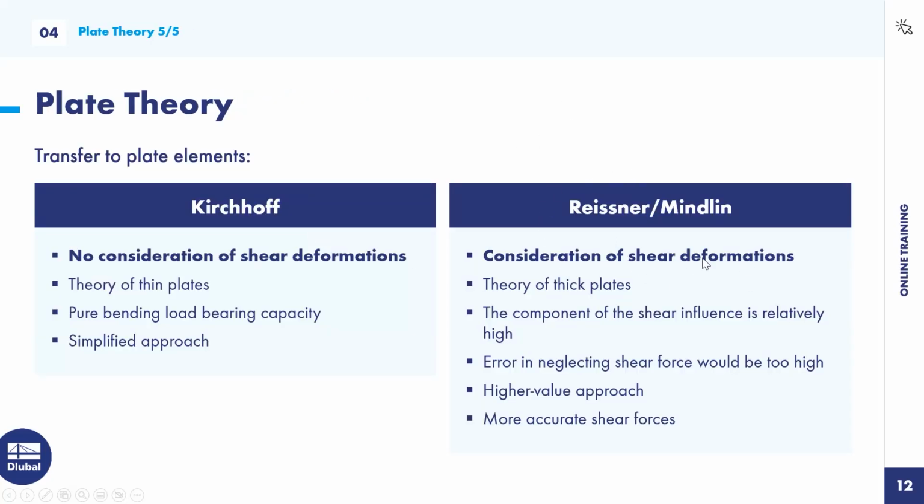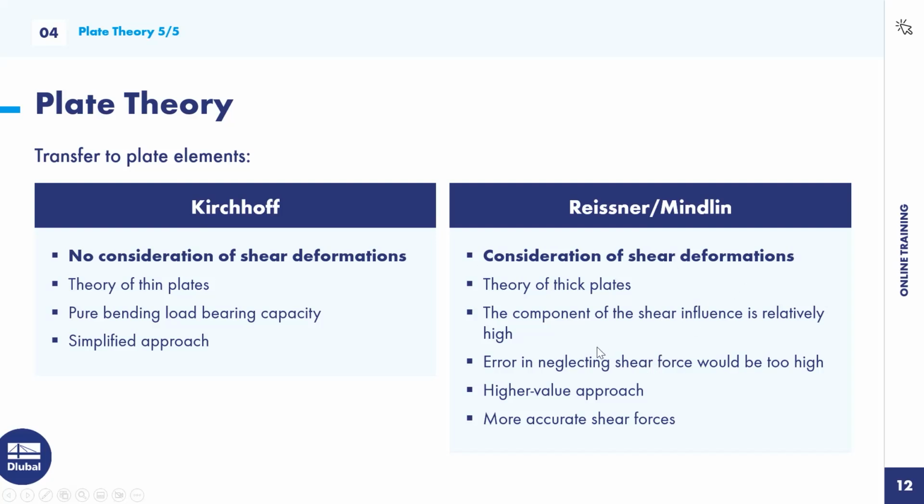Okay, so let's compare the Reisner-Mindlin theory. It's more the theory of thick plates, but you can use it for thin plates as well. I would use this pretty much always over the Kirchhoff.